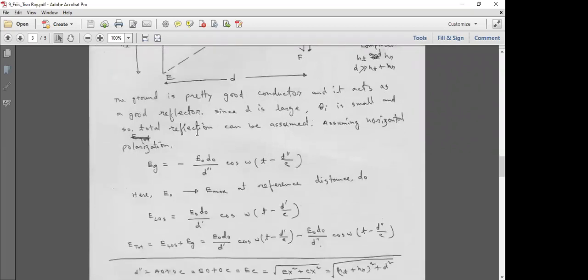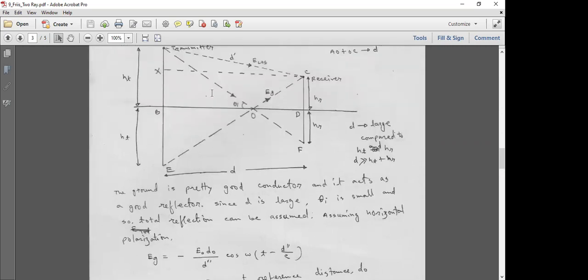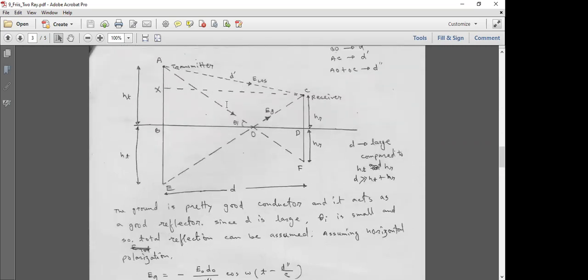Now, when it covers two different paths, then in the course of change of phase, they will appear with two different phase positions when they get to some point. This one is changing phase, this one is changing phase as they propagate. But since the path is different, if the paths were equal, you would get the same phase.